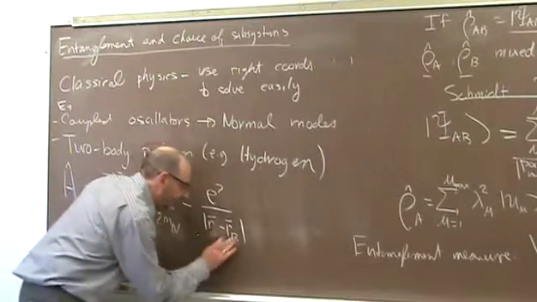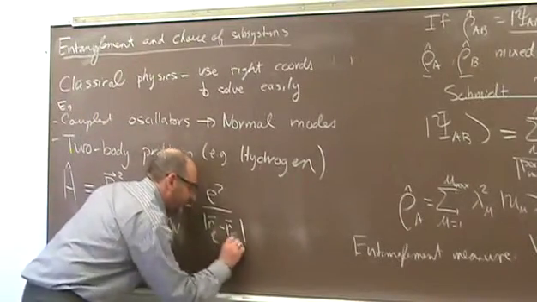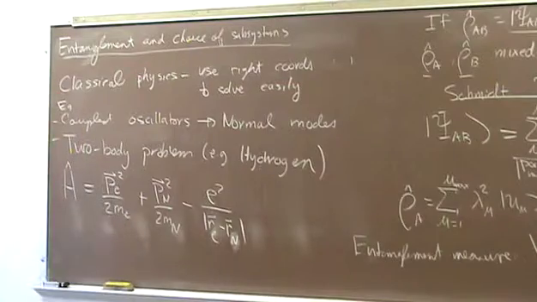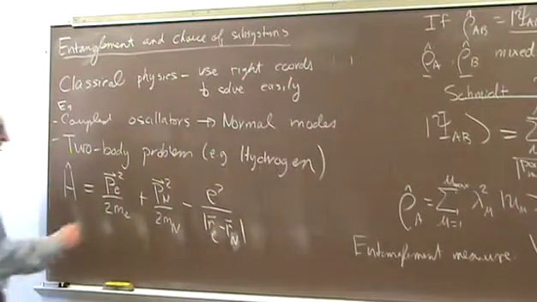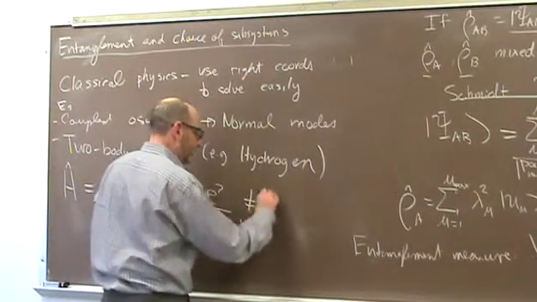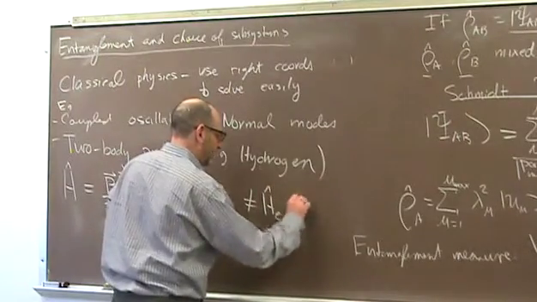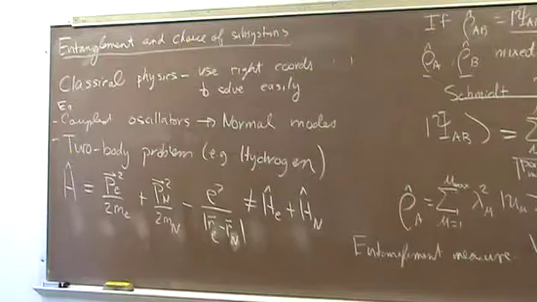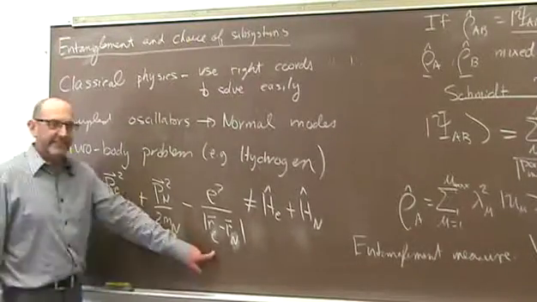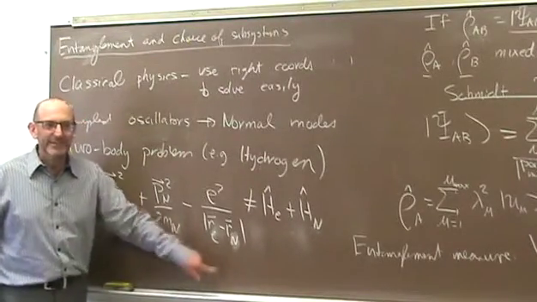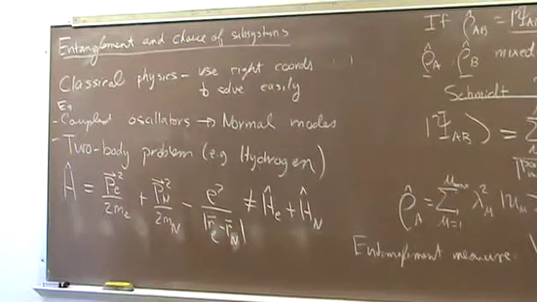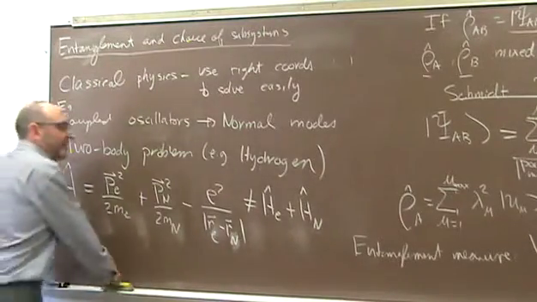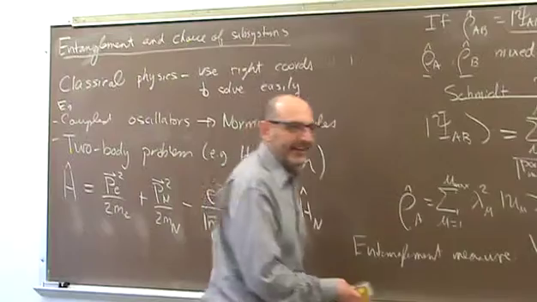They're not A and B, they're electron and nucleus. Now that problem is not separable in electron and nuclear coordinates. We see that there obviously is an interaction between the electron and nucleus. So this is not separable.